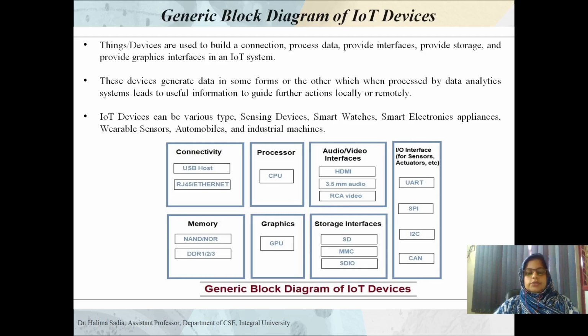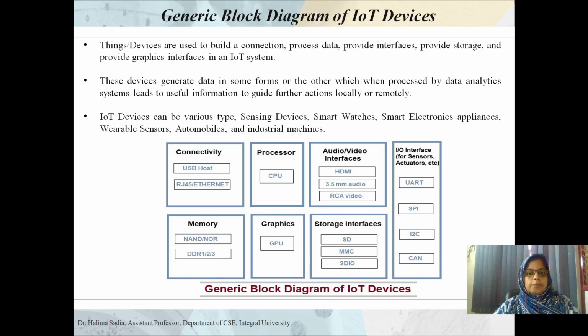Generic block diagram of IoT devices. The picture shows the generic block diagram of an IoT device. It may constitute several interfaces for connection to other devices. IoT devices have input-output interfaces for sensors, similarly for internet connectivity, for storage and for audio-video purposes. The IoT device basically collects the data from on-board or attached sensors and sends the data to either another device or to the cloud-based server.